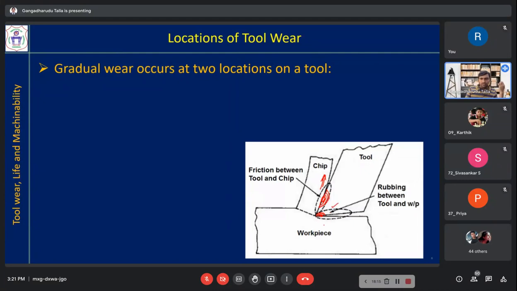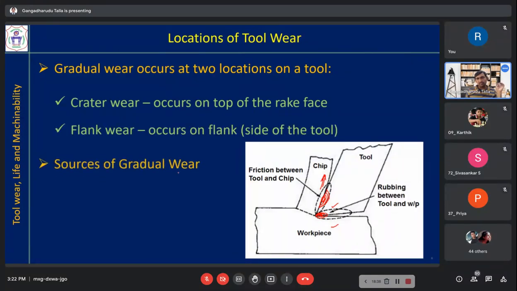Here between tool and workpiece there is rubbing. The flank surface is rubbing against the machined workpiece, a small amount here towards the tip. Due to that, the tool will wear. So crater wear on the top rake surface, flank wear on the flank side. Those are the locations, and the main reasons we have also seen.